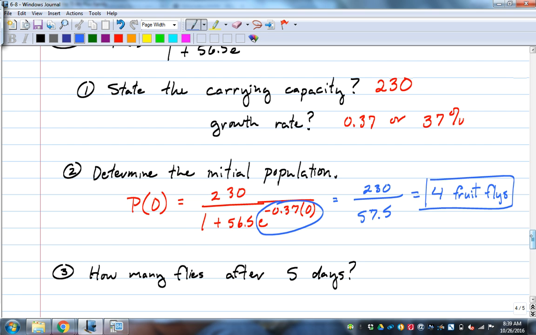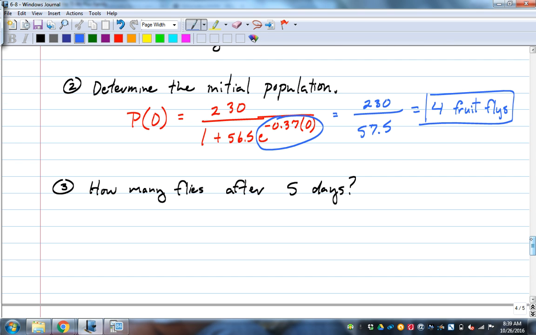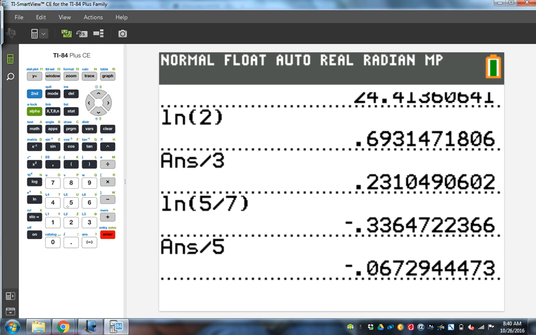But all right, how many flies after 5 days? So if P of 0 finds initial, P of 5 finds 5 days. So we just need to crank that out. I'm going to use a little calculator help.